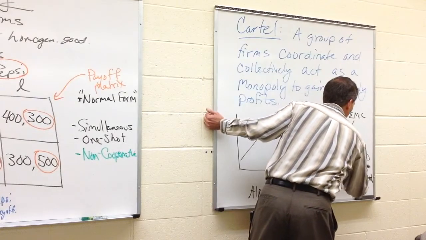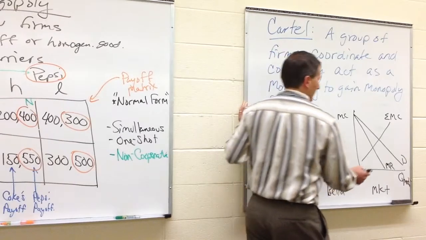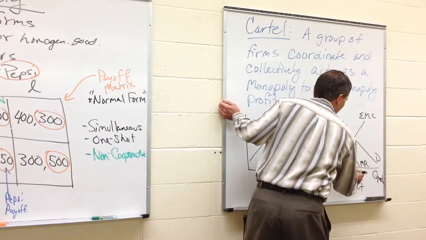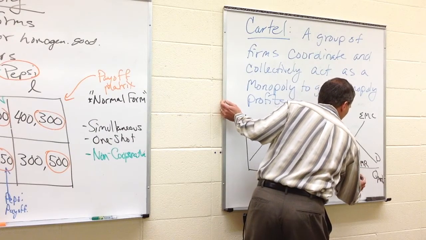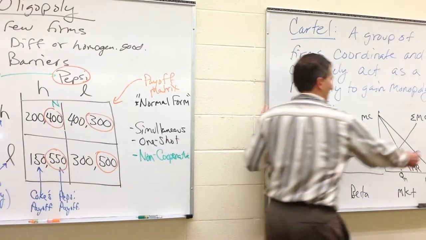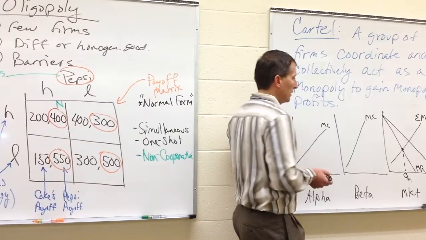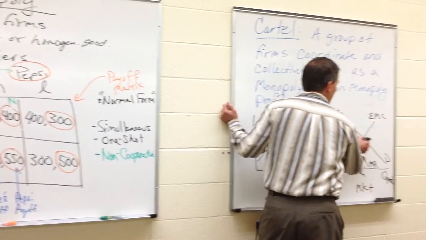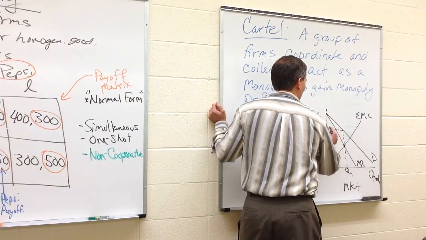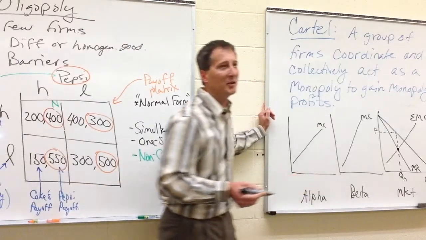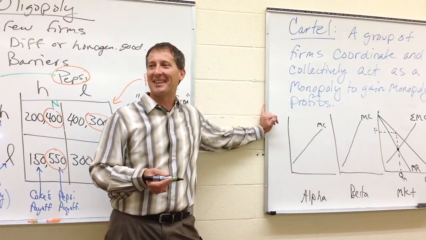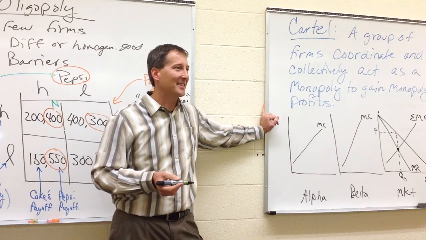Here's the benefits of the monopoly. They face a downward sloping marginal revenue curve. They say that the market supply of meth needs to be QM. So this is the monopoly solution, by the way. They're going to charge the highest price people are willing and able to pay for meth. Anybody know what meth's going for? I won't hold you to it, but I know it's cheap.